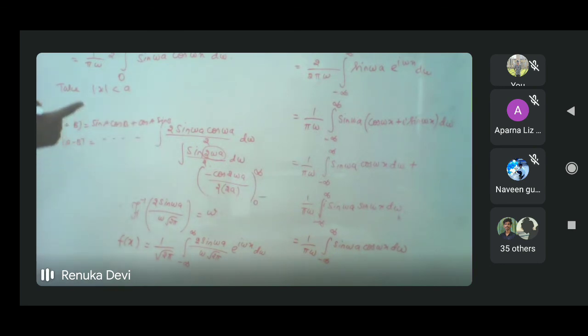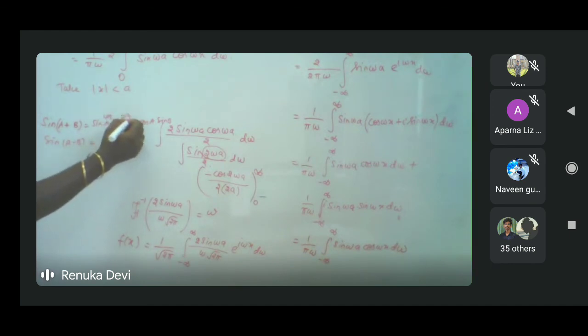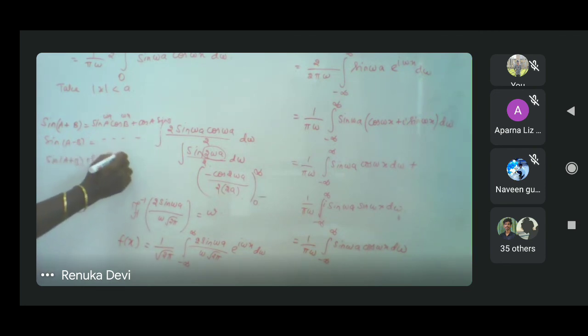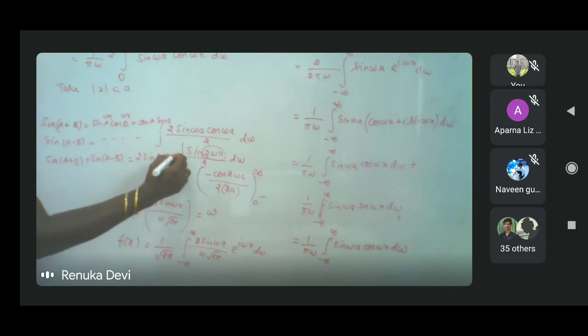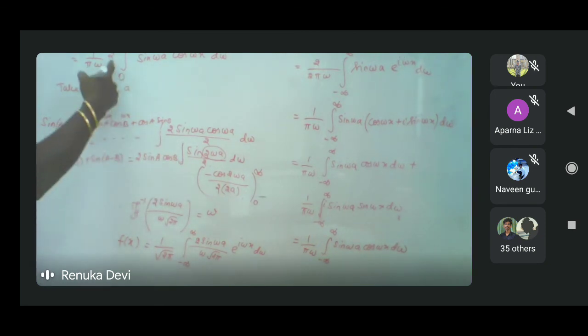So I have A as WA and B as WX, and if you add these, sin of A plus B plus sin of A minus B equals what? Twice sin A cos B. But this is what we are having.